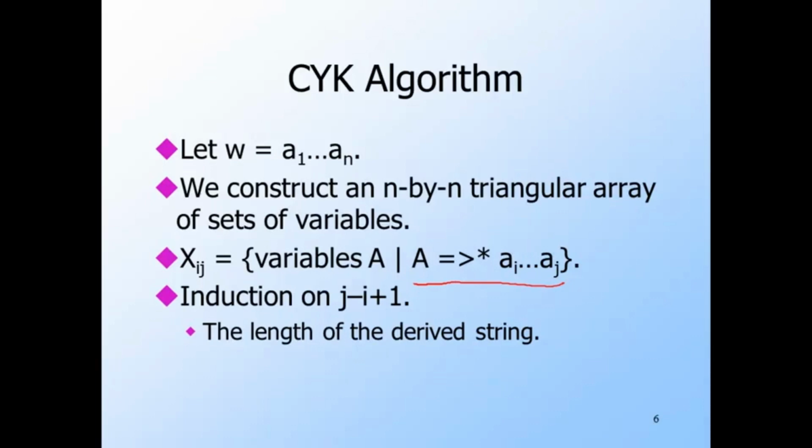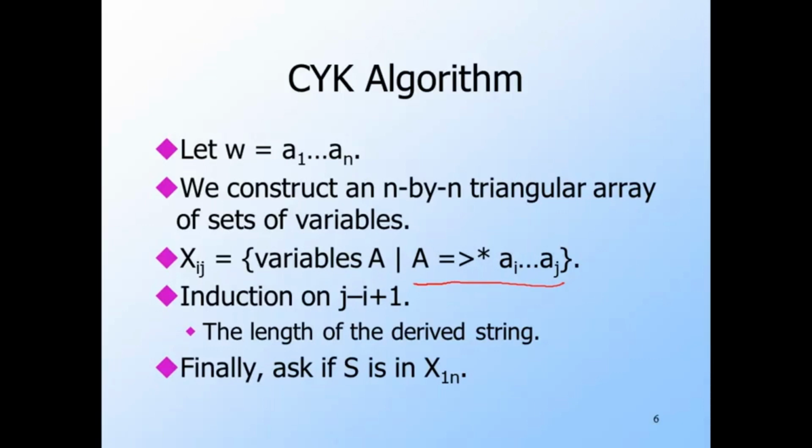Then we move to the X_i,i+2s, which are the sets of variables that derive the strings of length 3, a_i, a_i+1, a_i+2, and so on. Finally, after we have computed the one set X_1n, which represents the entire input, we can ask ourselves whether S is in that set. If so, then S derives a_1 through a_n, and the string w is in the language, and otherwise not.